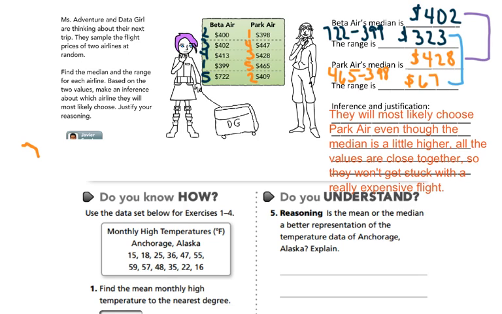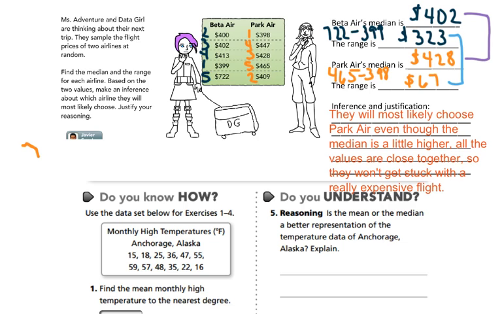Now it's time for you to work on your own, and what you're going to do is answer these questions on your paper, the how do you know, do you understand, and then you're going to go to a Google form and answer those questions online.